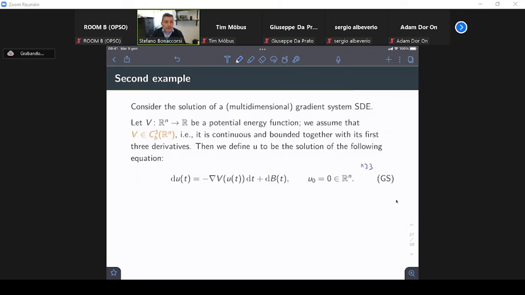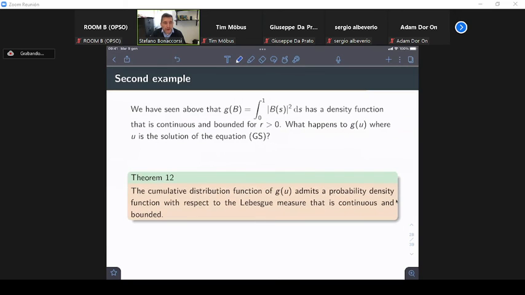We take a potential function V, which is, let's say C^3, or C infinity, doesn't matter, I will not go into details in this, and just define U to be the solution of this problem. In this way, I recall the definition that G_U(x) is just the integral between 0 and 1 of |u_x(s)|^2 ds.